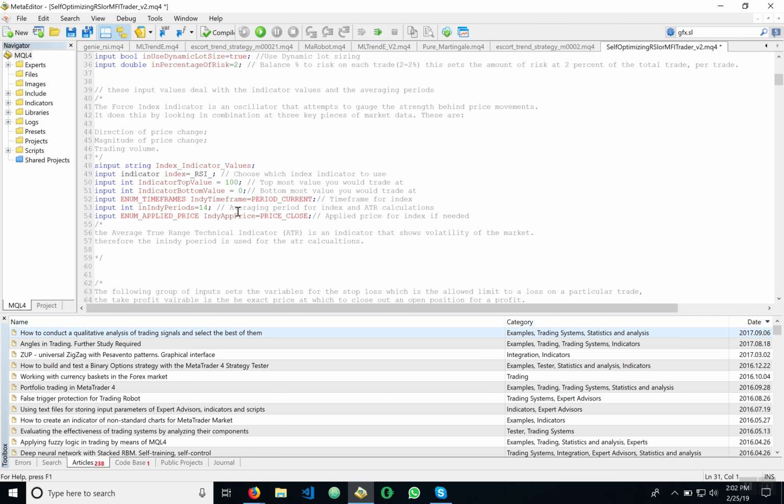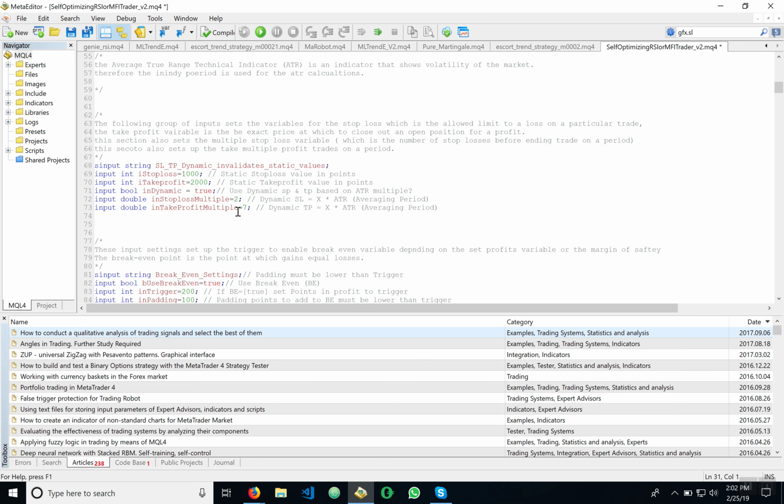So basically what that's saying is, depending on the period you're optimizing or trading on, it uses the end frame and the beginning frame to calculate the average applied price.